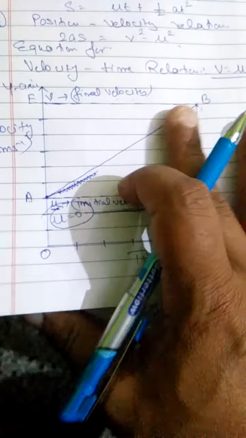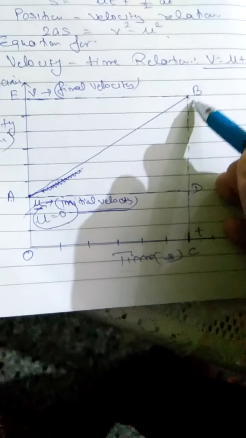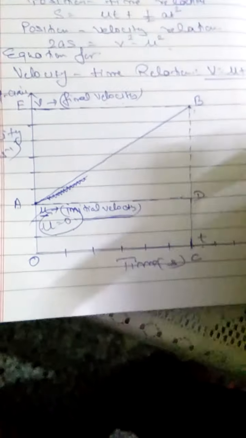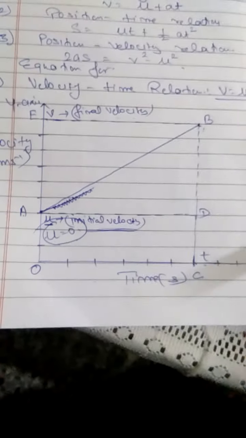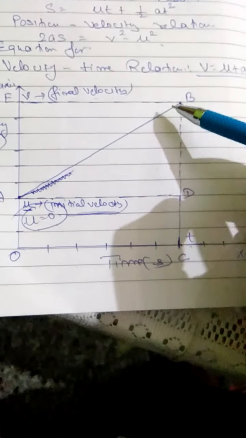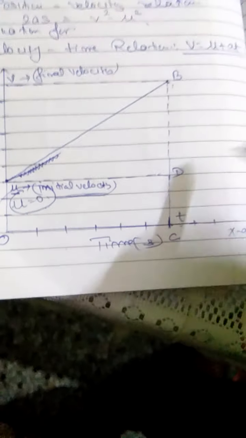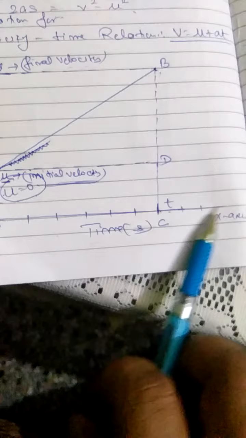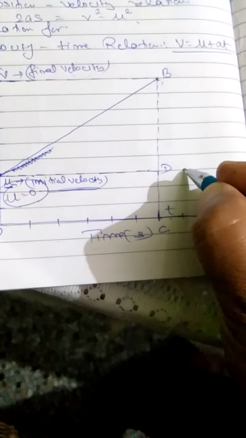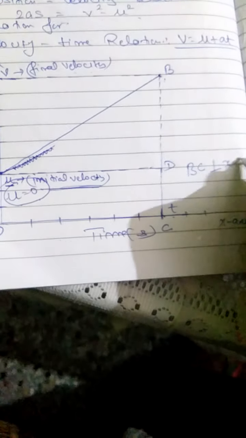Now let us consider, we draw the perpendicular BC. First of all I will show you all the mathematical proof of the graph. First of all we'll draw this BC. This is the perpendicular on the x-axis, that is BC is perpendicular on the x-axis, the time axis.